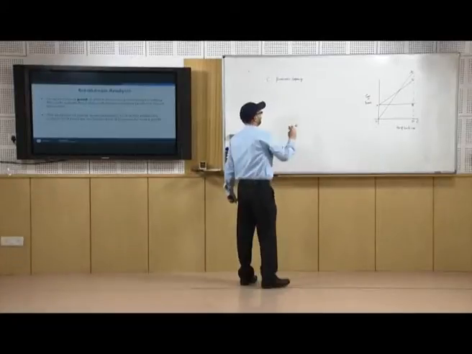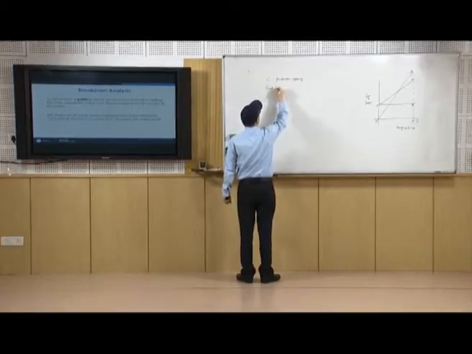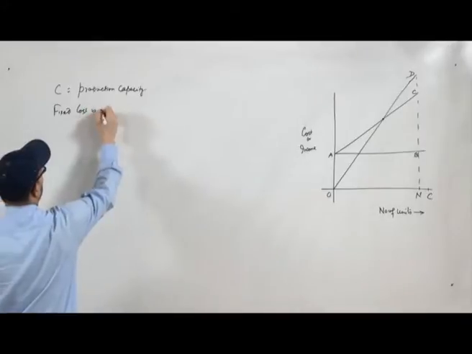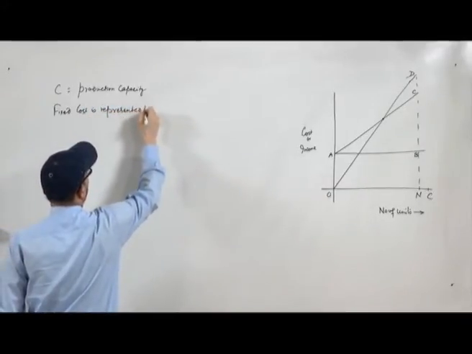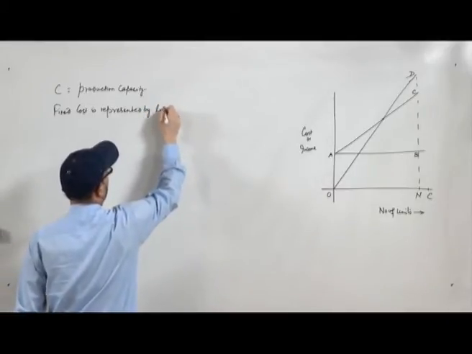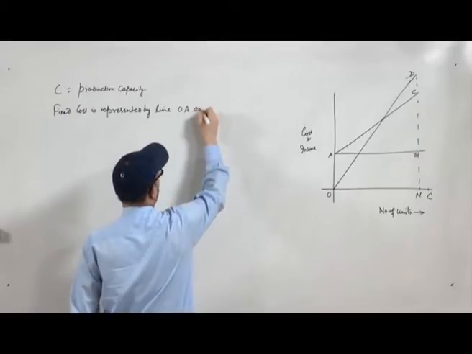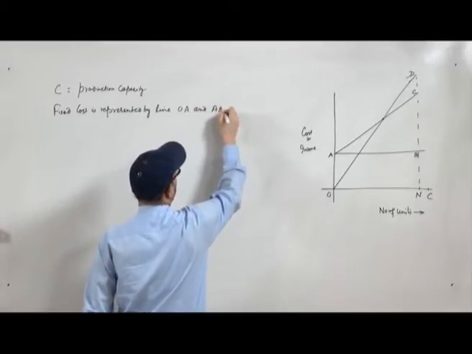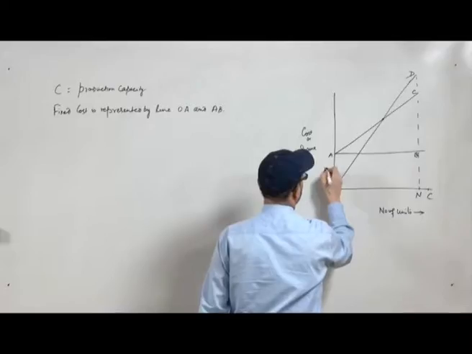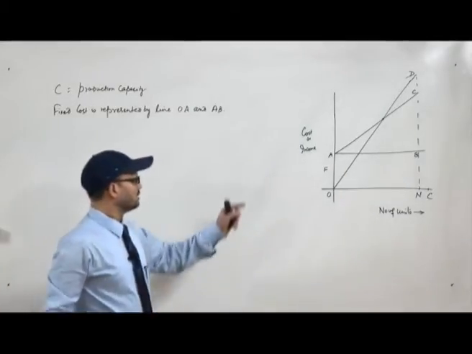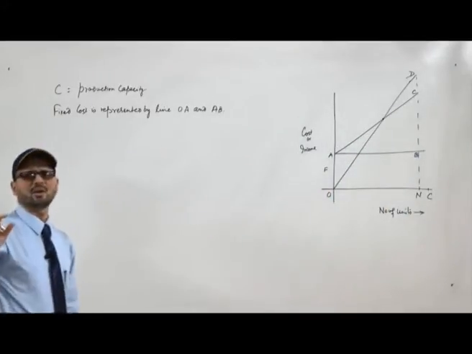So, the fixed cost is represented by lines OA and AB. So, this shows the fixed cost. Now, the slope of line AC is the variable cost per unit.